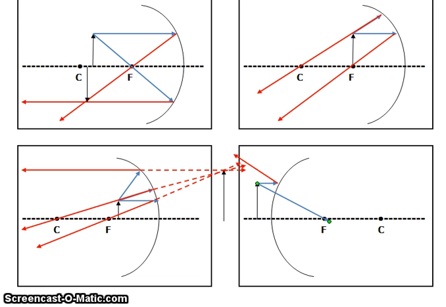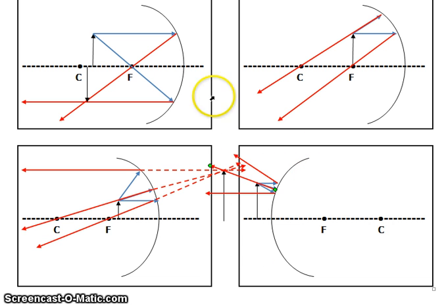Our next incident ray is lined up with the focal point, but it actually only travels as far as the mirror. And then its reflected ray travels straight backwards, parallel. The final incident ray is lined up with the center of curvature like this, but it only actually travels as far as the mirror. That reflected ray travels backwards along the same path.